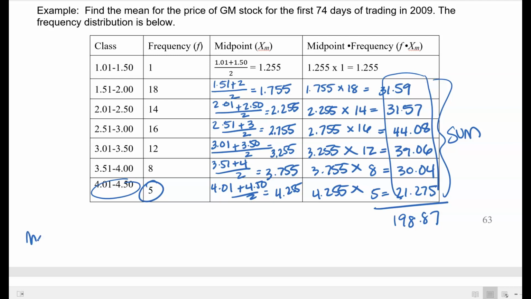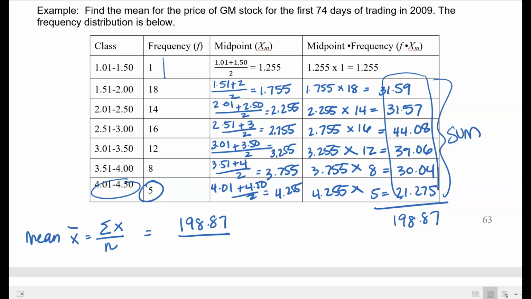So the mean, which we call x bar, that's the notation, I should have mentioned that earlier, we're going to take the sum of all the numbers, that's what that x stands for, and divide by the total number of values. So in this case, our sum is 198.87 divided by n. So what is the total number of values?